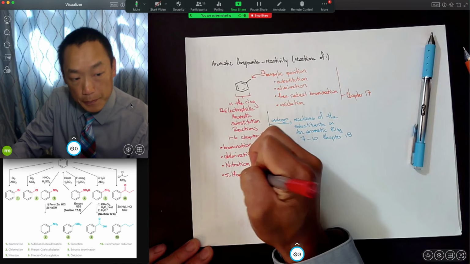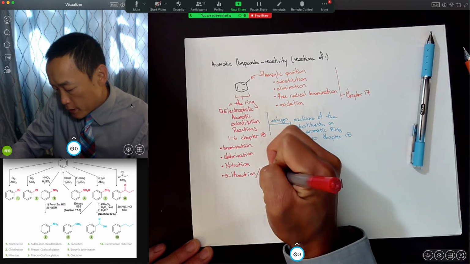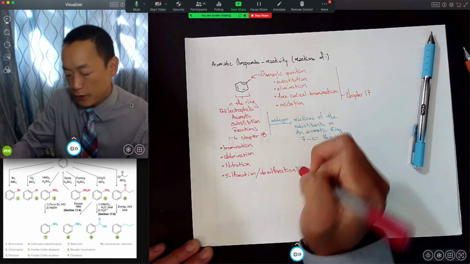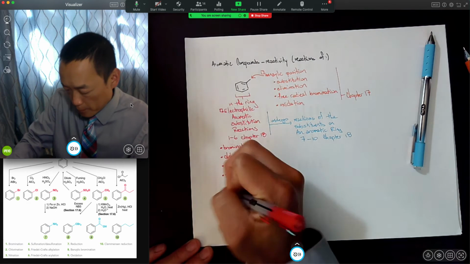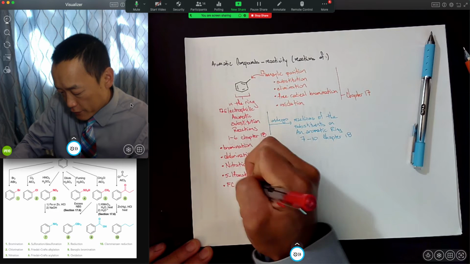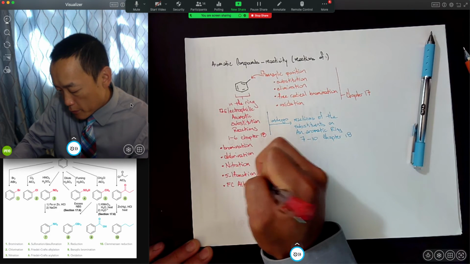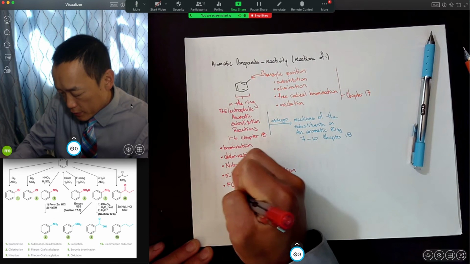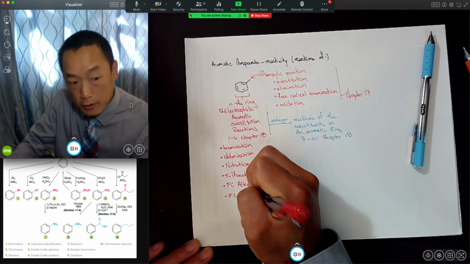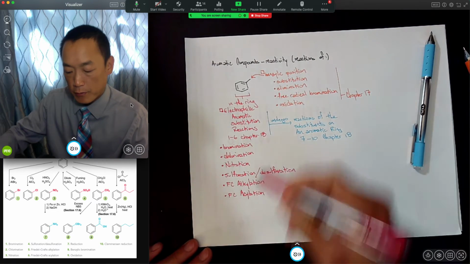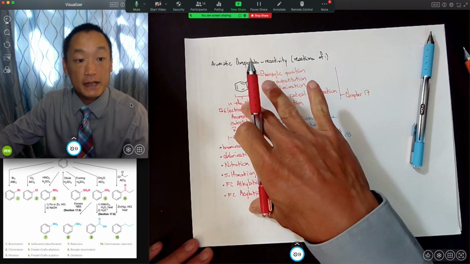Sulfonation is another type of reaction that we will encounter in this unit as well. Friedel-Crafts alkylation and Friedel-Crafts acylation are also reactions that we would expect to fall under the same category.